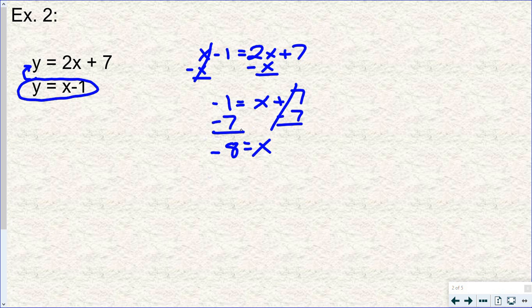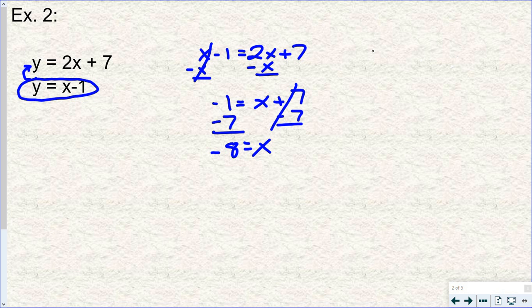Now let's take this and plug it into the first equation, the one I have circled. I'm going to plug in x equals negative 8, so I'm replacing x with negative 8.